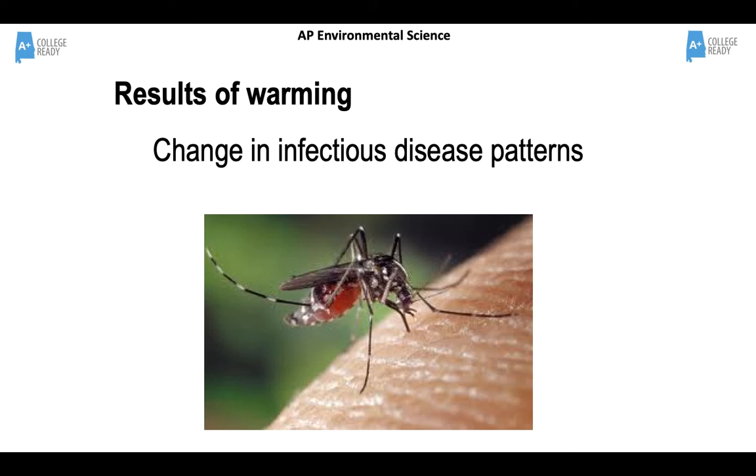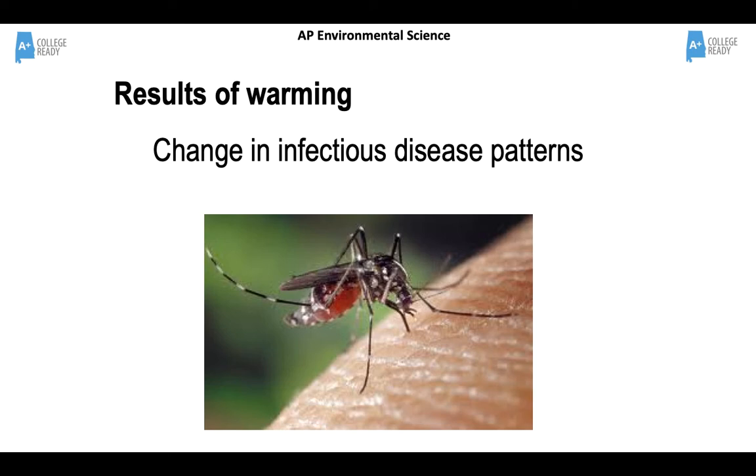So basically, as the Earth warms, the range of some of these species that at one time were relegated to areas closer to the equator, where it's warmer, now they're expanding.